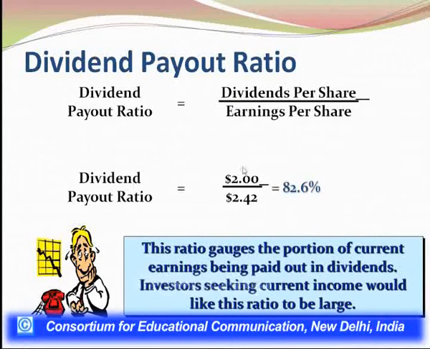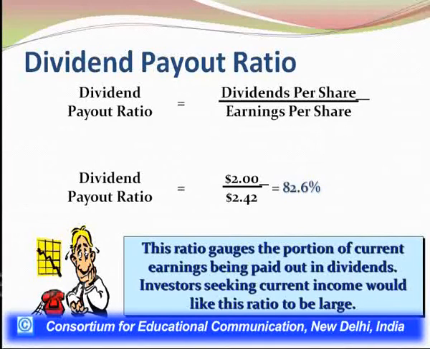So here your dividend payout ratio for the corporation is coming out by dividing 2. So where does this 2 come from? $2 is being paid to each shareholder as dividend for the year 2007. So everyone who was holding shares is getting $2 per share as dividend.